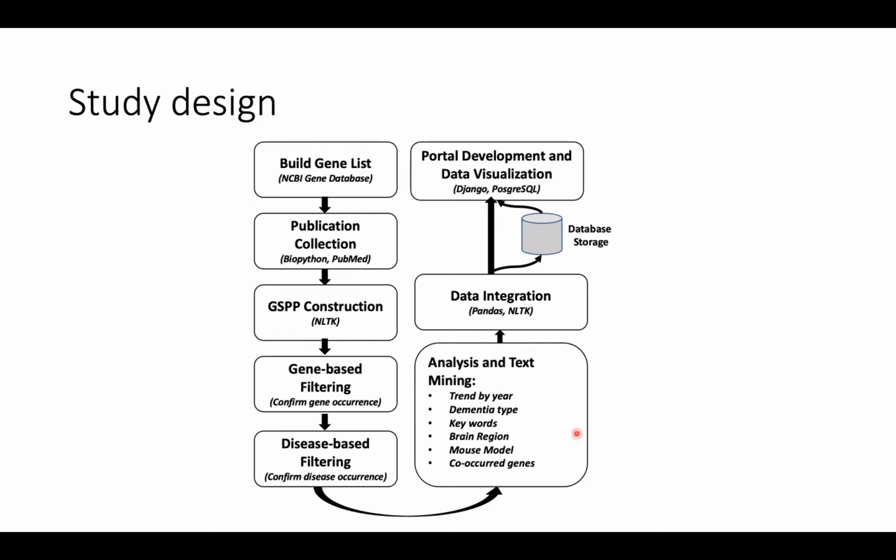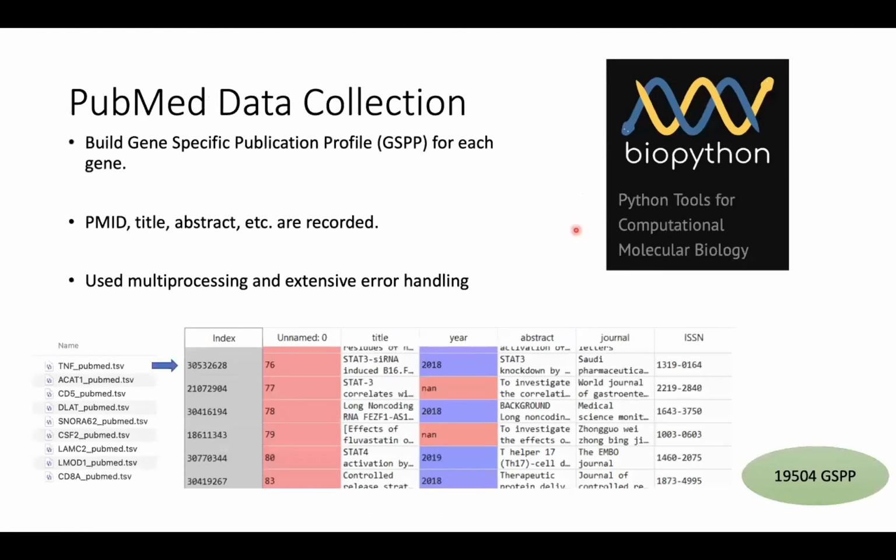After we process the data, we have a final huge data matrix, and then we incorporate that into the database. Then we build a UI, a user interface, for the data we collected, and did some visualizations based on the data we have. The first step is data collection after we get the whole gene list.